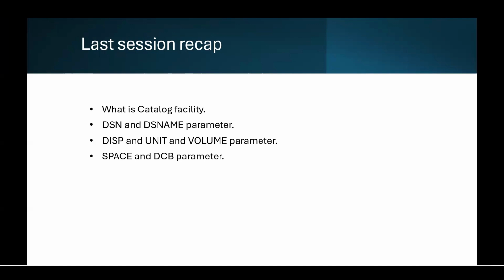After that, we learned about the DD statement parameters, which is DSN, the DS name. We saw how important it is to provide the file that the program needs to process, and that all comes under the DD statement and DS name.